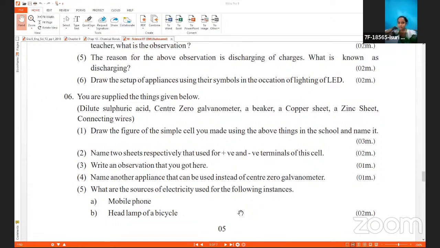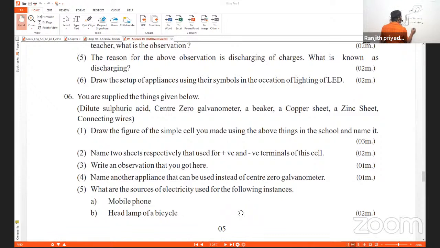Another observation you can see, this zinc rod is dissolving. Right, observations. First one, the indicator of the center zero galvanometer deflects.